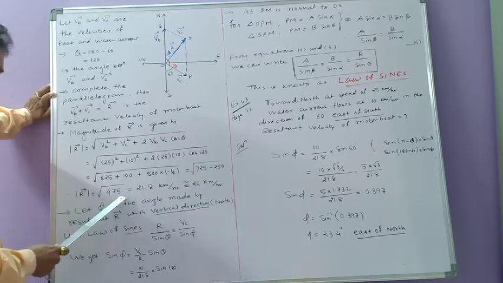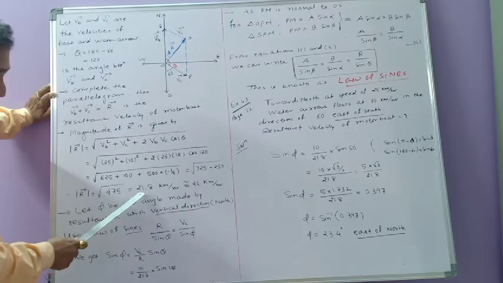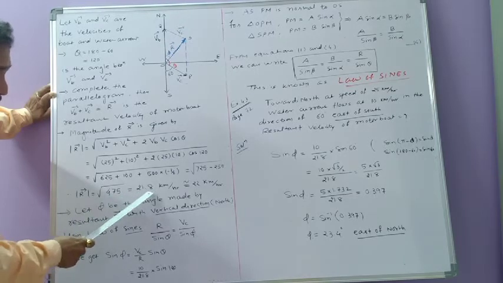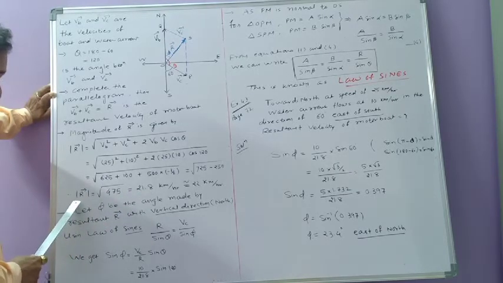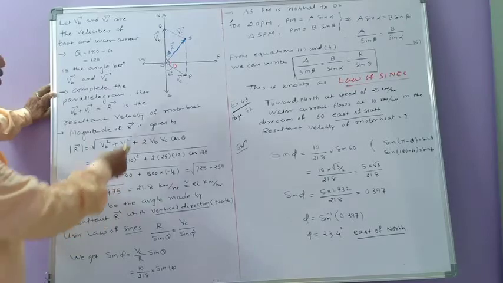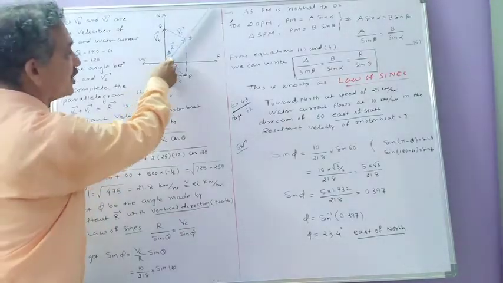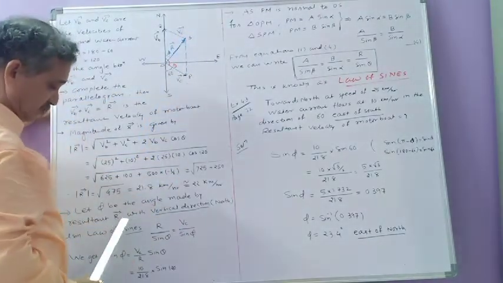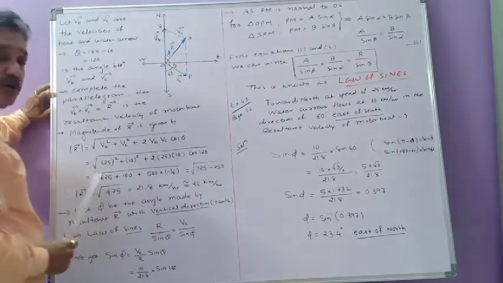The answer is square root of 475, which is 21.8. So the magnitude of the resultant velocity is 21.8 kilometer per hour. So the motor boat will move in this direction with a resultant velocity of 21.8 kilometer per hour.